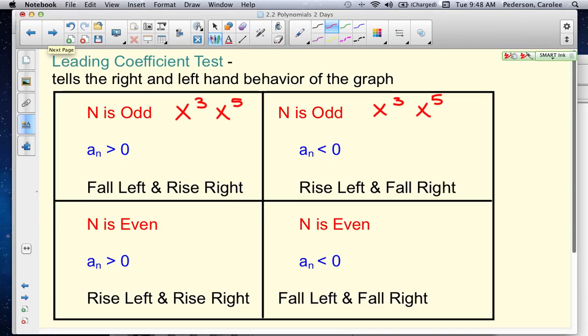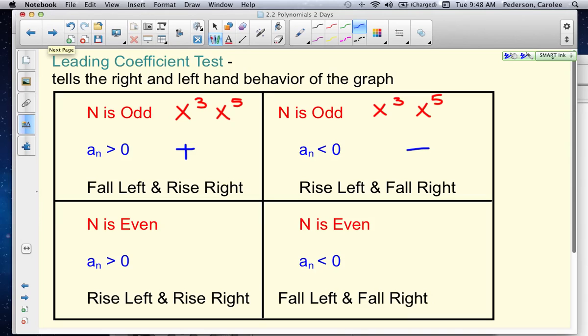What's greater than 0 are positive numbers. So our leading coefficient has to be positive. On the box on the right, a sub n is less than 0, so leading coefficients that are negative numbers. And then what's in the black on those two boxes is what the end behavior is.